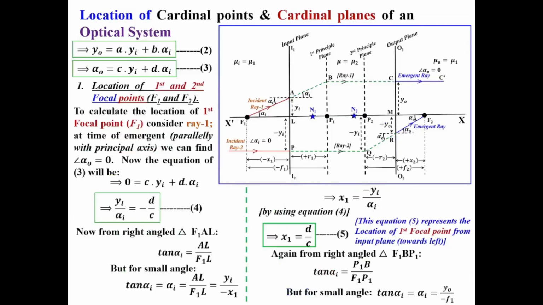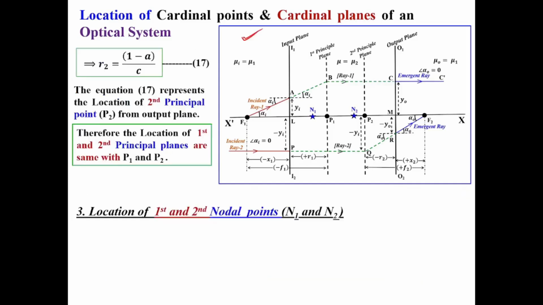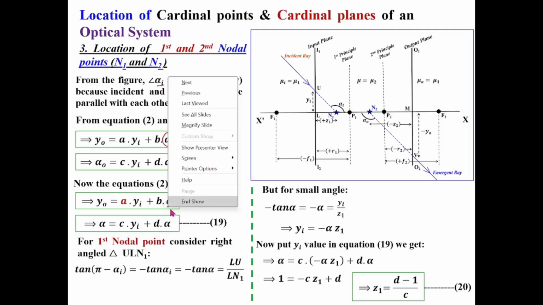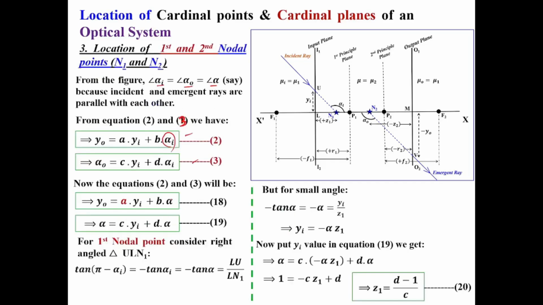The same equations are written over here: YO equal to A YI plus B alpha I, and alpha O equal to C YI plus D alpha I. Now if I substitute alpha for alpha I and alpha O, these equations will be written as alpha O equal to A YI plus B, where instead of alpha I we write alpha over here. Let this be your equation number 18.